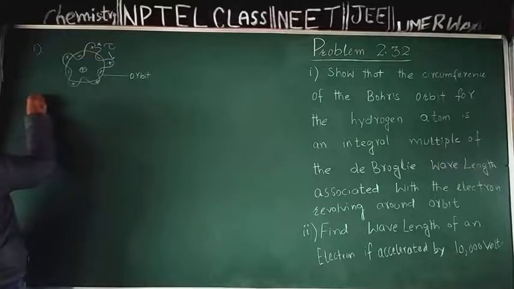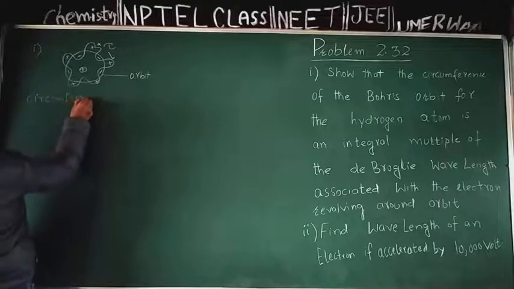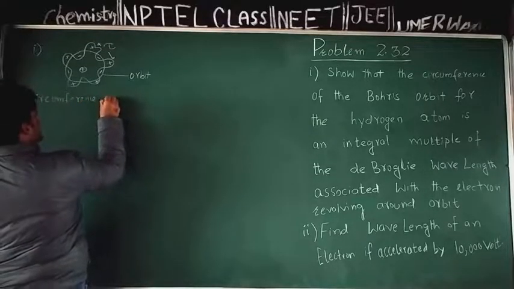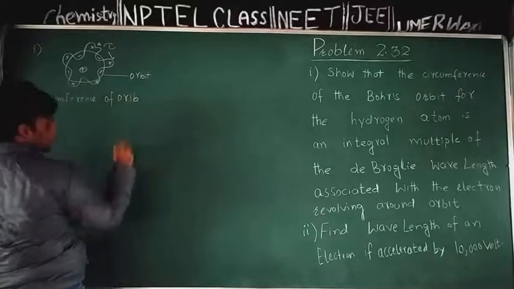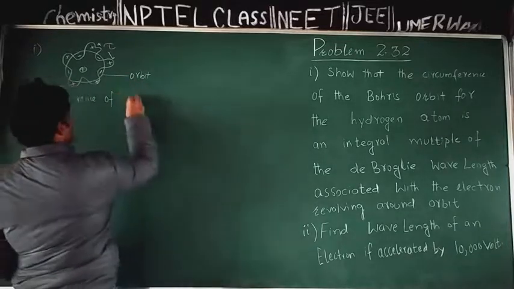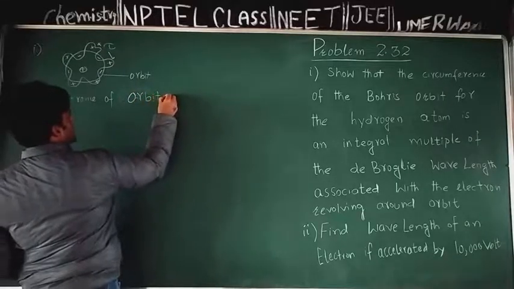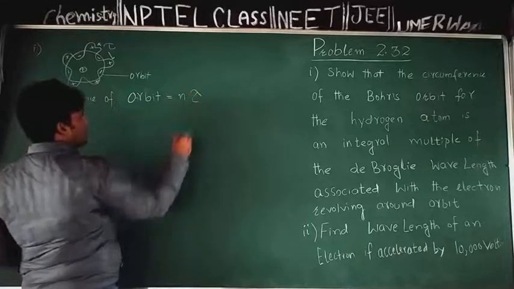Circumference, we have to show that circumference of orbit is integral multiple of wavelength of electron wave.